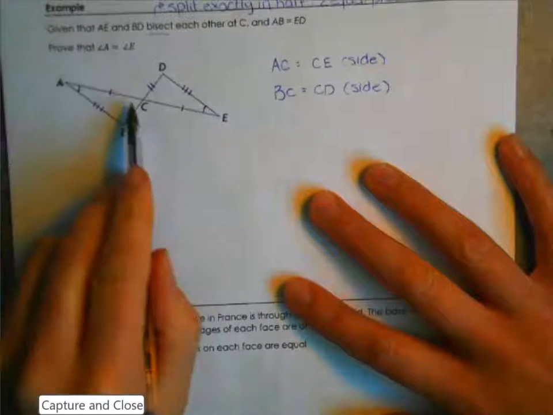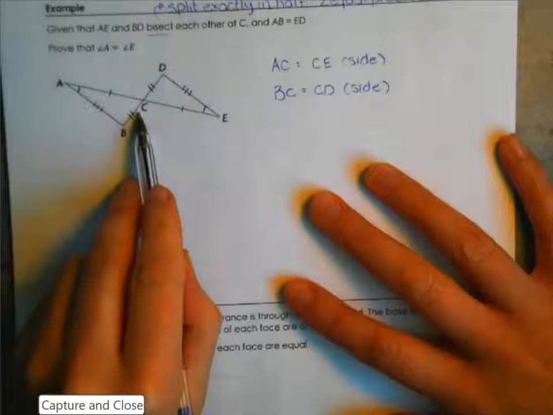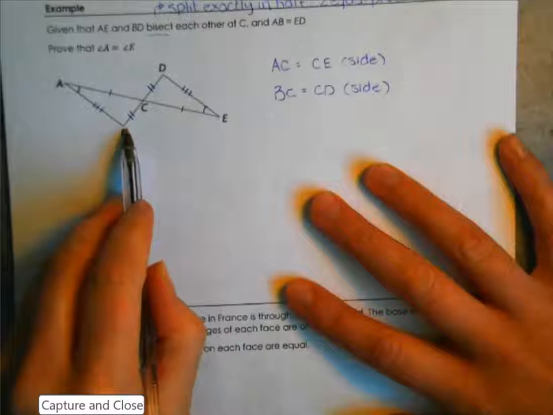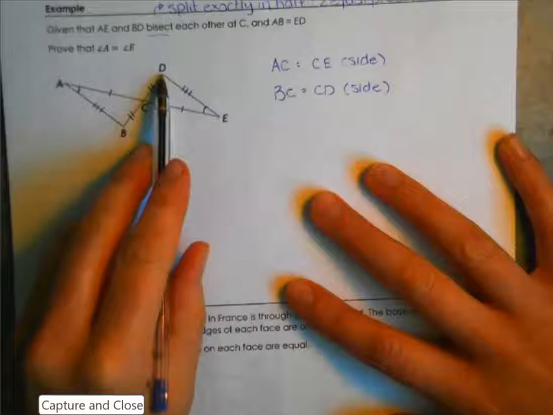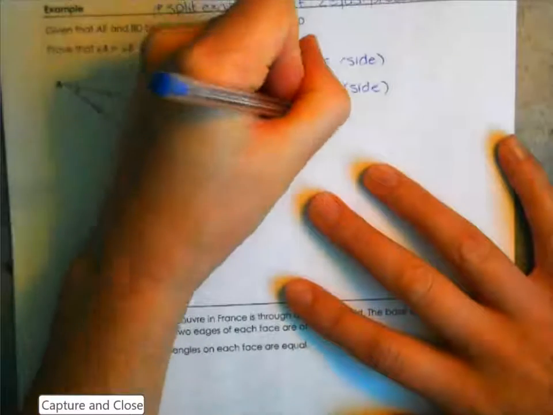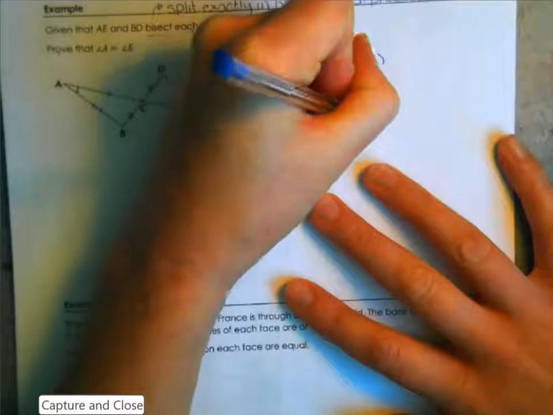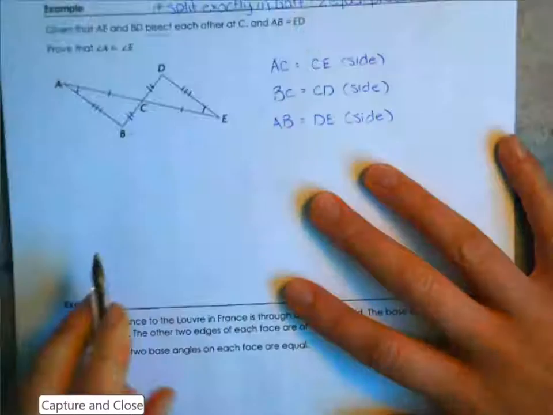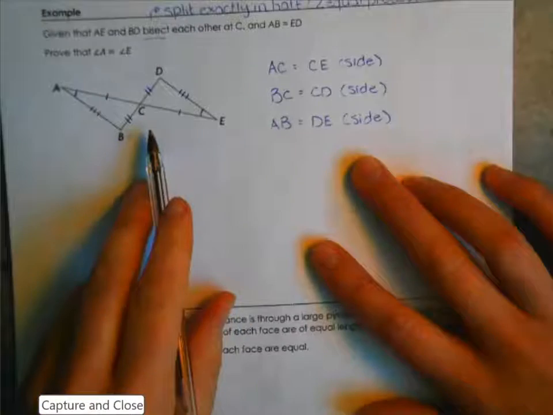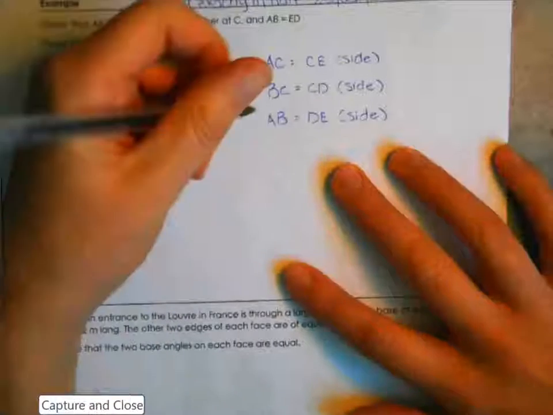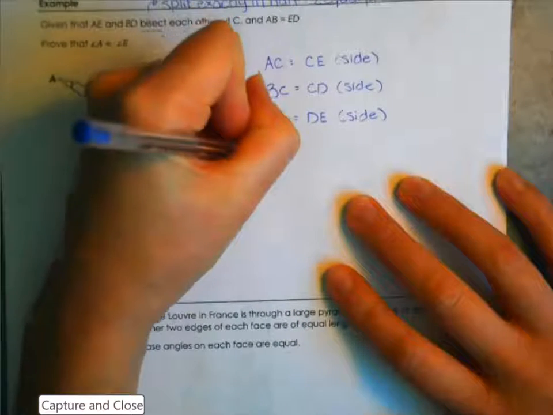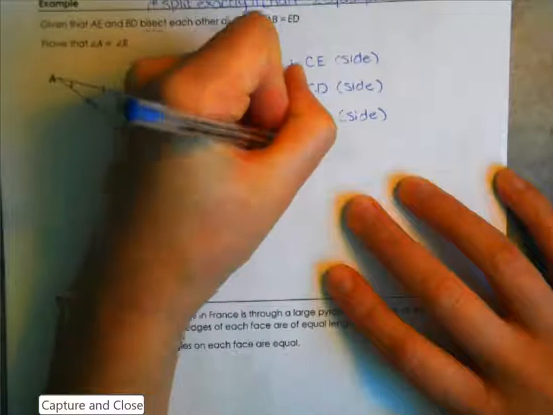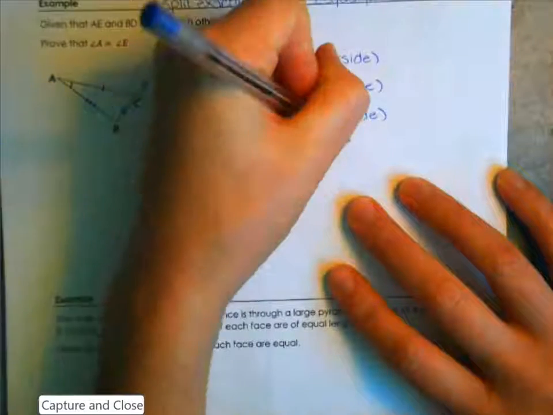And then the last one that we would have is AB is equal to DE, and that's also side. Okay, and so now we can say we did side, side, side, so we can say therefore triangle ABC is congruent to triangle EDC.